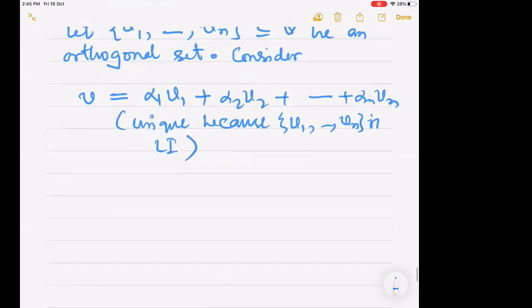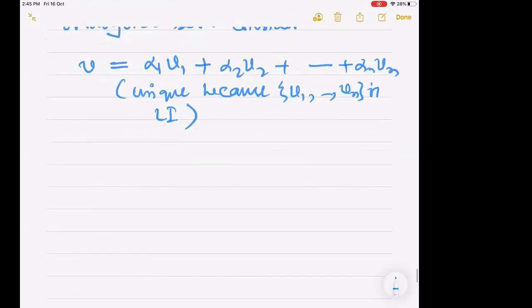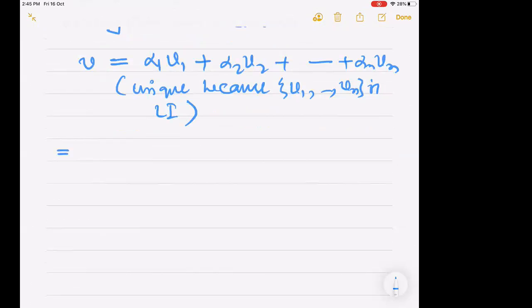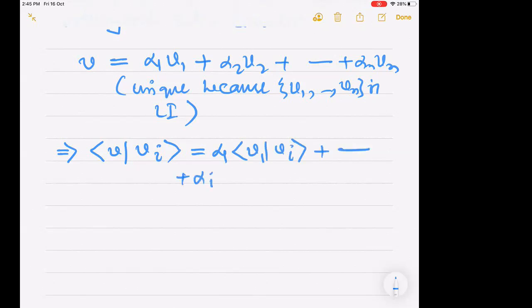This unique linear combination, how do I get these alphas? We can get these alphas so easily because V1 to Vn are orthogonal. Notice that if I take the inner product of V with Vi, by linearity this is alpha 1 times inner product of V1 with Vi, plus dot dot dot alpha i inner product of Vi with Vi, plus dot dot dot alpha n inner product of Vn with Vi.